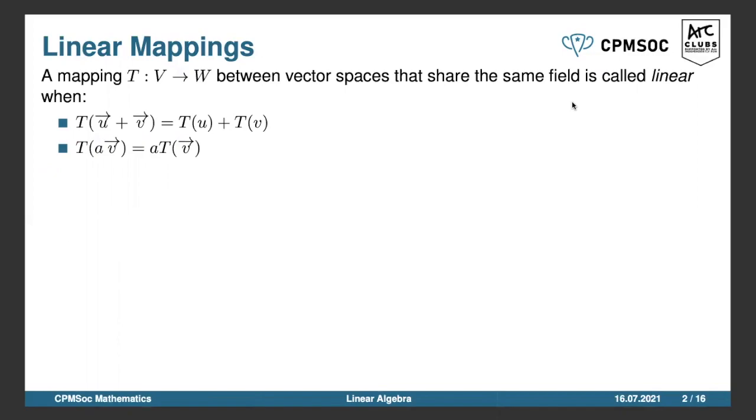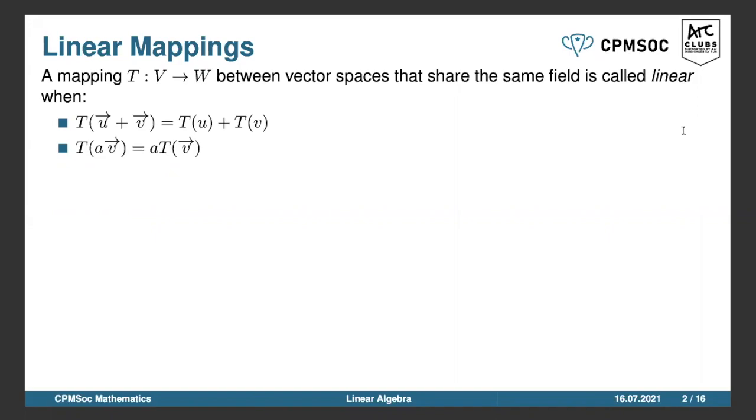Okay, so first we'll go over linear mappings. A mapping transformation from V to W between vector spaces that share the same field is called linear when these 2 properties are satisfied.